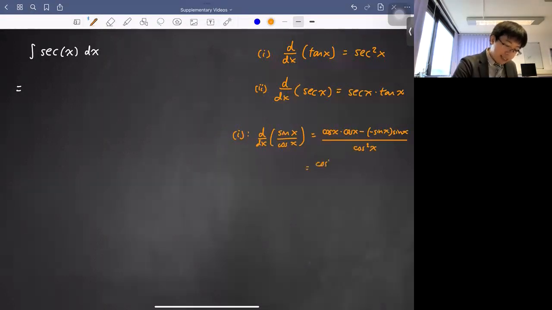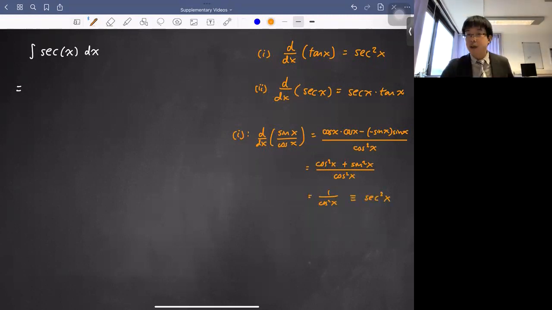On top we have cosine squared x plus sine squared x, which is 1 by the fundamental identity. So it's 1 over cosine squared x, which is secant squared x. That's number 1.